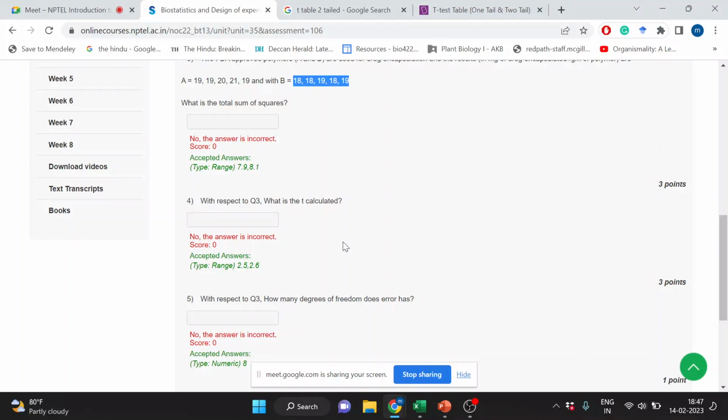Mean total sum of square, you need to divide by the degrees of freedom. Since we have two different sample sets, whether we should use the formula n1 plus n2 minus 2 or whether we should consider the whole set as a single sample.